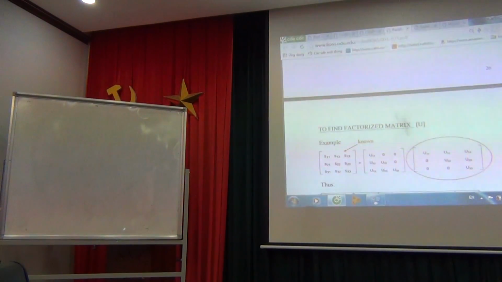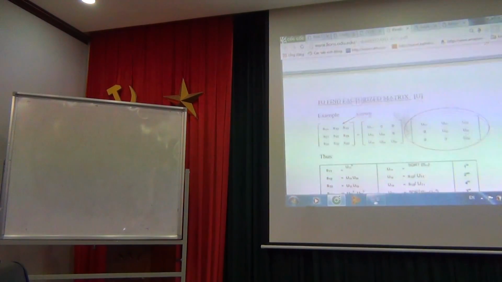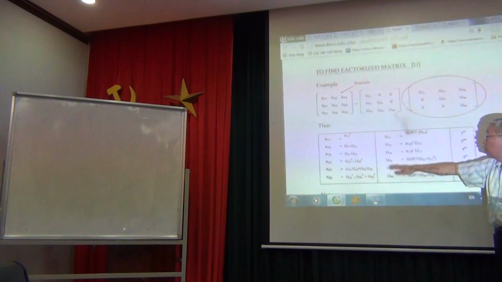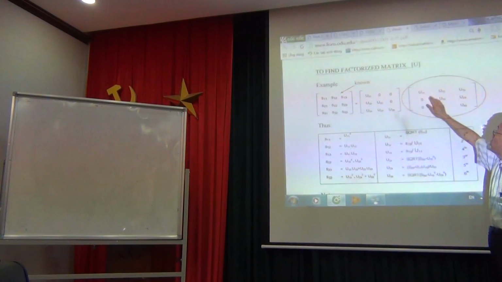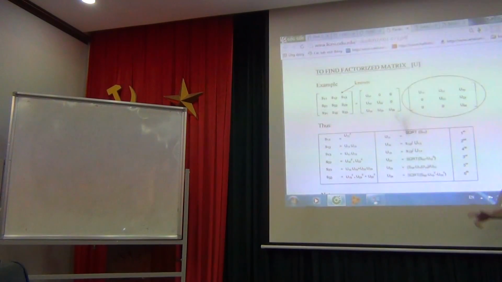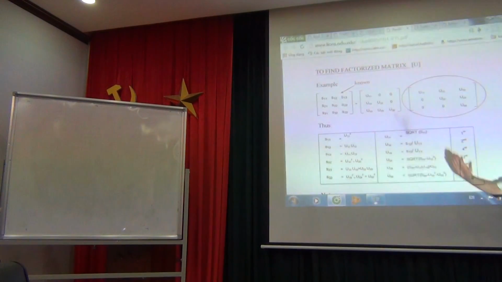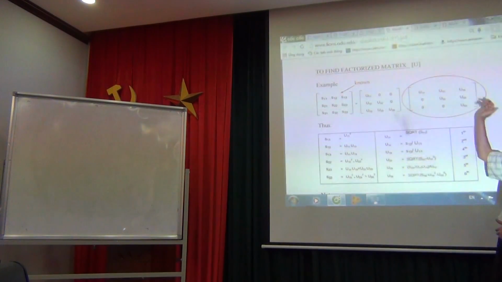That's how we got 6 equations last time. Those 6 equations will help us solve for the unknowns. But remember, we can do this in 2 different ways: row by row factorization order, or column by column.